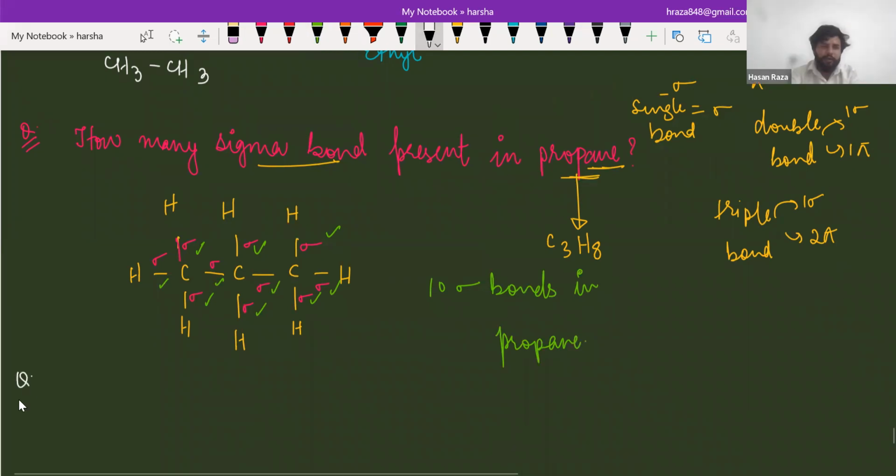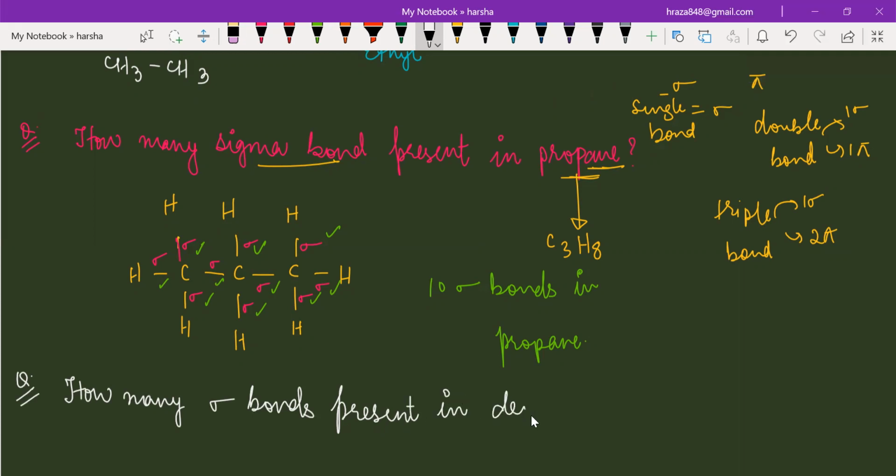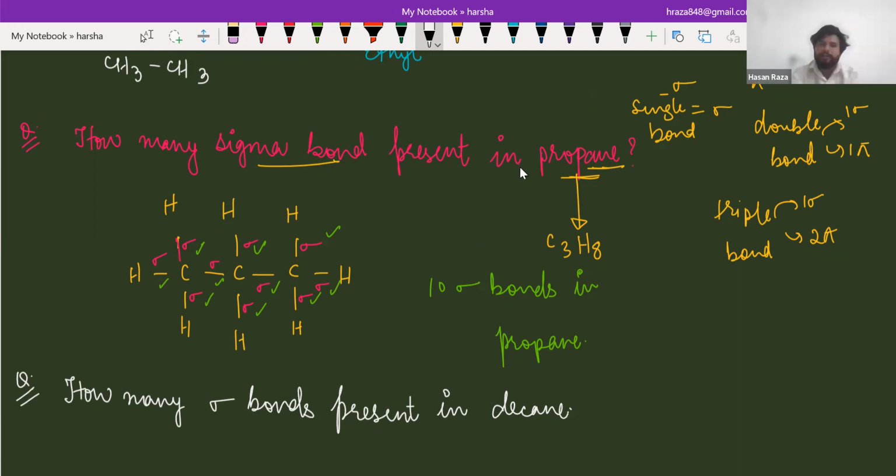Okay, I'm going to give you another question of the same type. How many sigma bonds are present in propane? Yes, 10 sigma bonds present in propane.